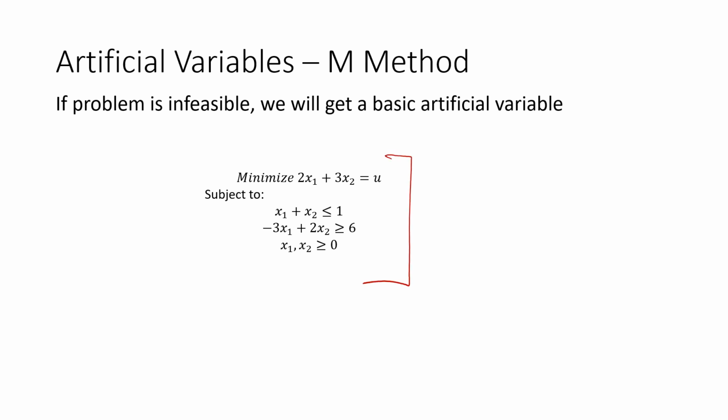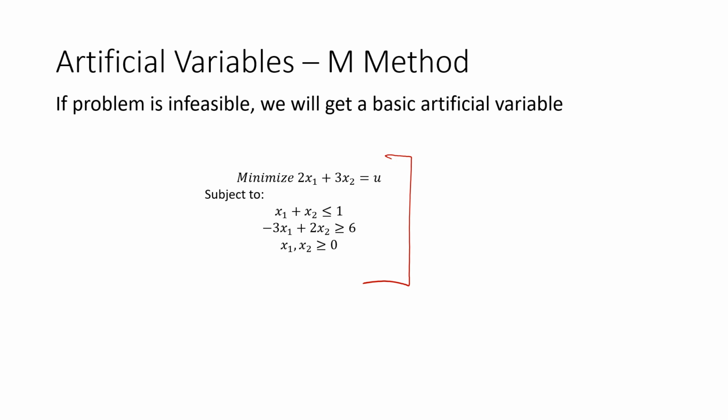So for instance, if you take this problem and you solve it out with the big M method, you are going to see that you end up with an artificial variable on the left-hand side when you have your optimal solution, when the simplex method says you're finished. What does that mean? That means that your artificial variable has a positive value.